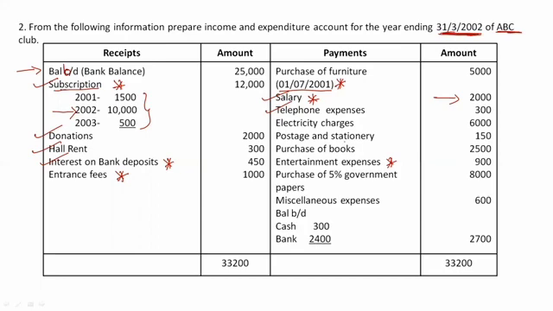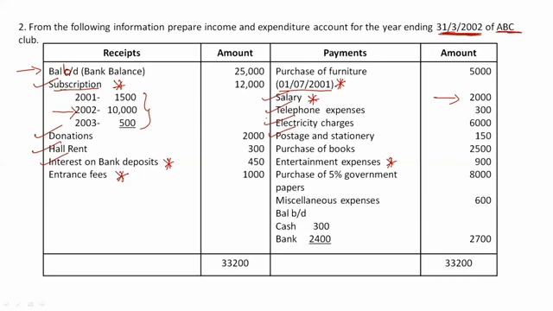Whenever it is required, only then we will purchase them. So magazines, journals, newspapers are treated as revenue expenses, but purchase of books is not. So do not take it here, you should take it in the balance sheet.